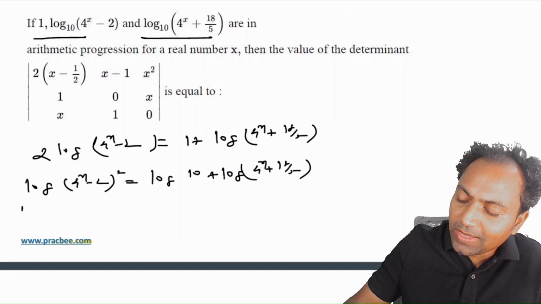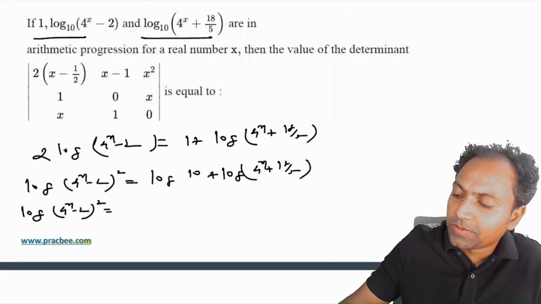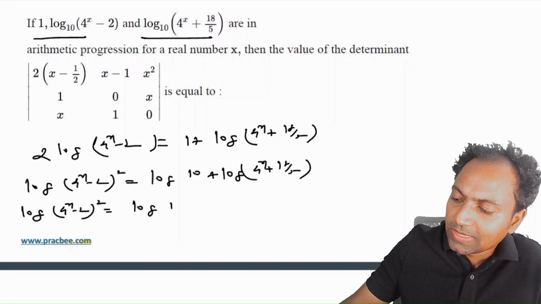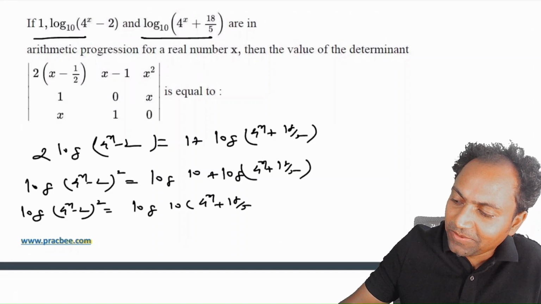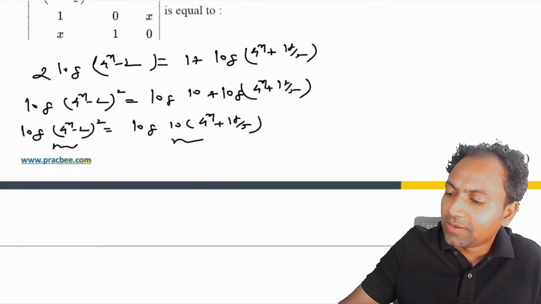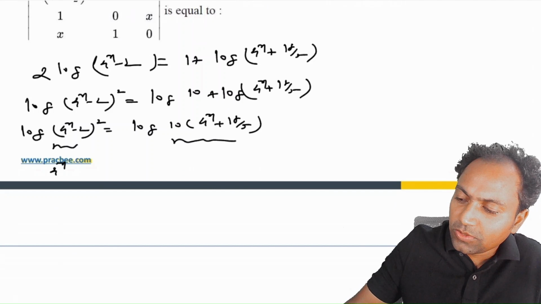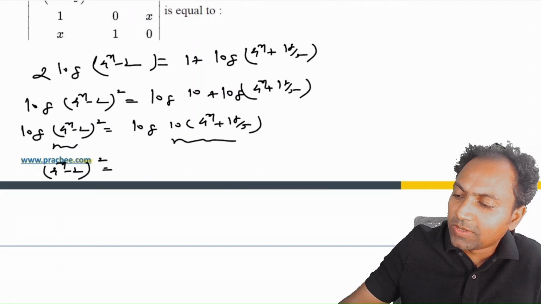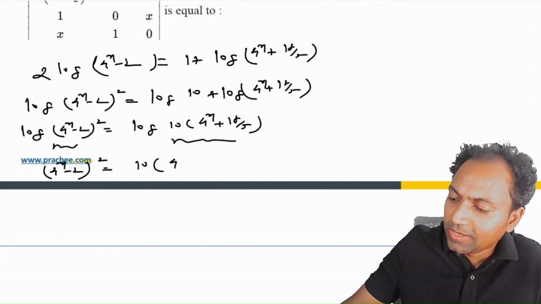If I simplify, the left hand side becomes 4 raised to the power x minus 2 whole square. And the right hand side becomes 10 times 4 raised to the power x plus 18 by 5. And now if you compare whatever is inside, what you get is 4 raised to the power x minus 2 whole square is equal to 10 into 4 raised to the power x plus 18 by 5.